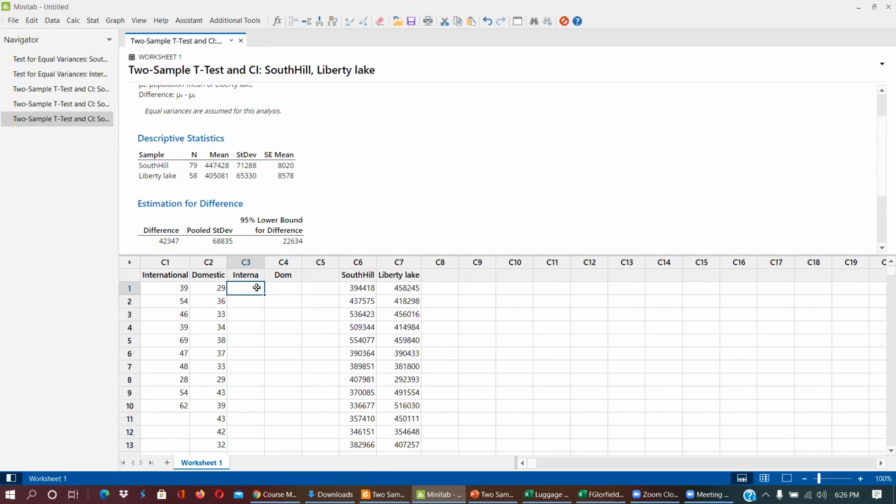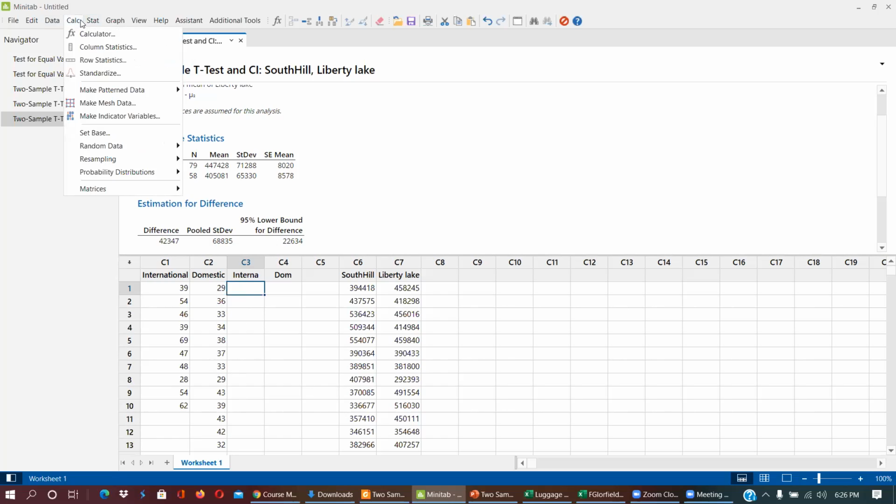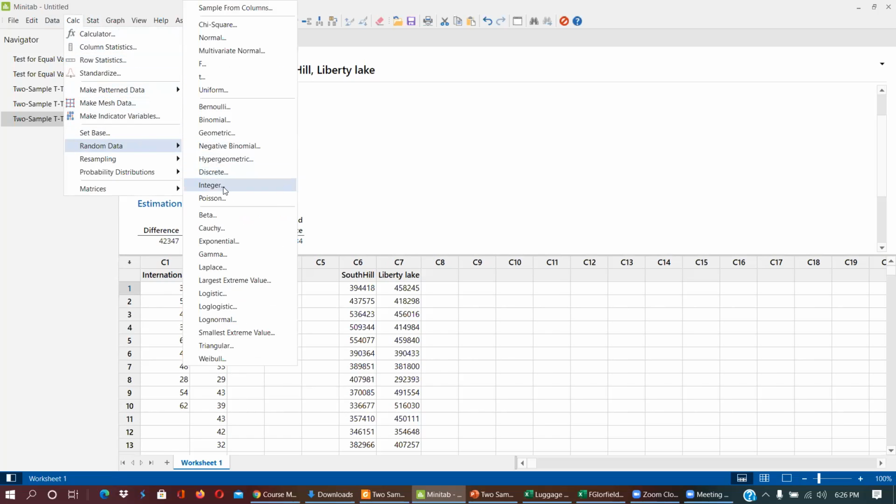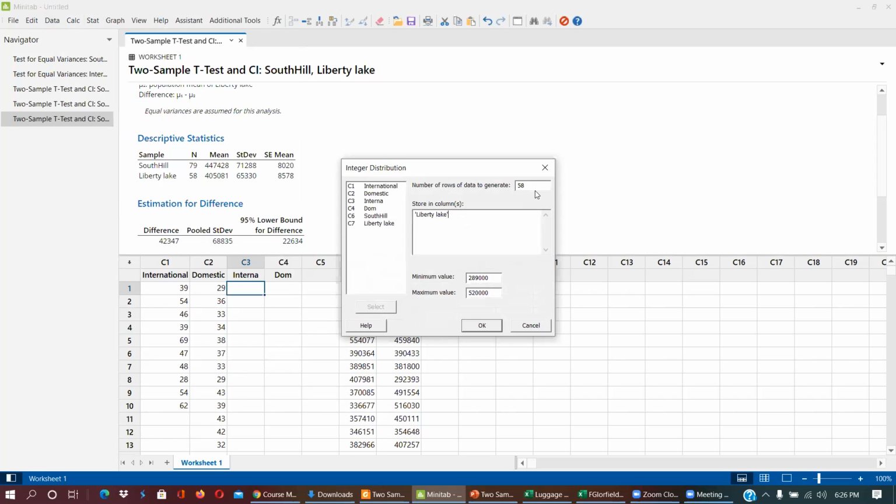In that case, for example, I'm just going to consider a third bag, and I'm going to create a data set, calculate, with random integer data, row number, let's say 34, 20 and 58, and store in a column.